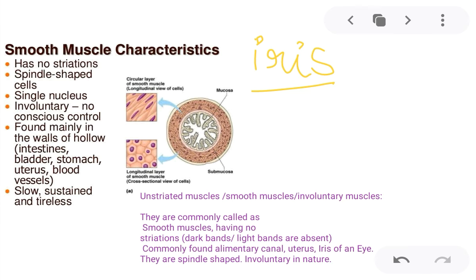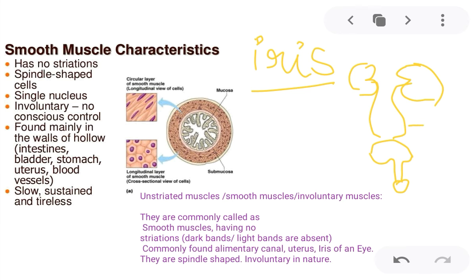They are also found in the iris of the eye, in ureters, and in the bronchi of the lungs. I hope you know what a ureter is. Suppose you see, these are the kidneys. Here the ureters are located, connected with the bladder.